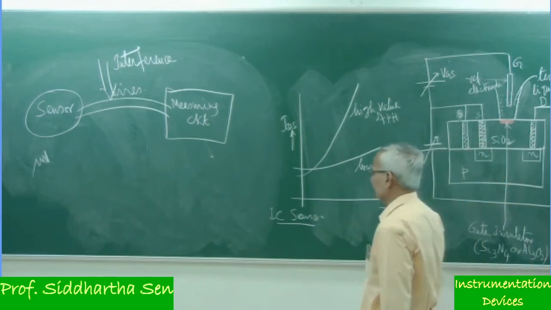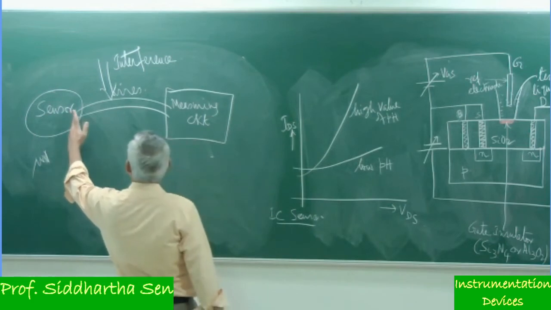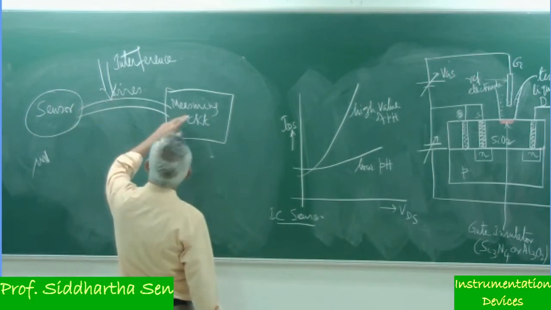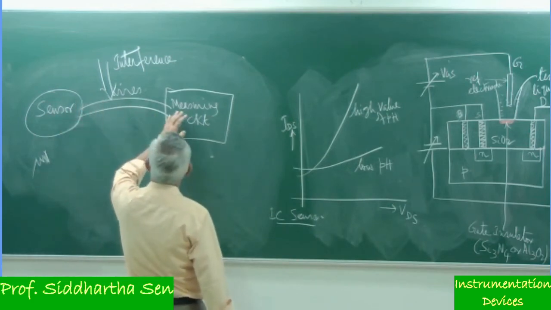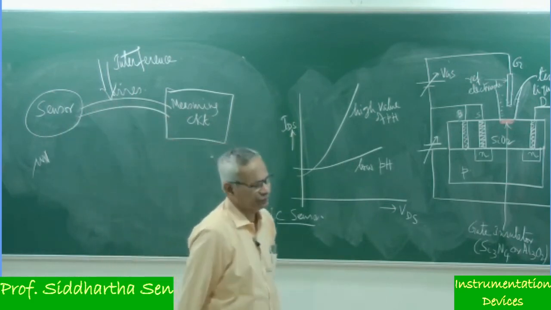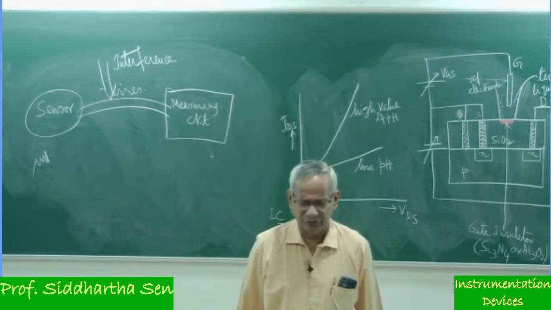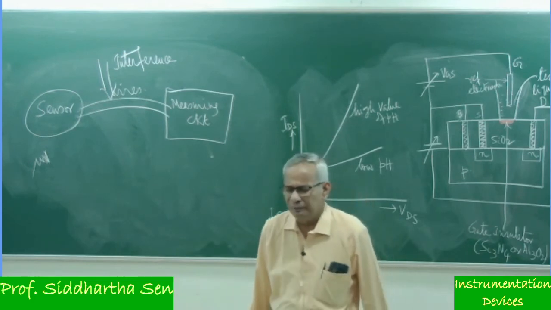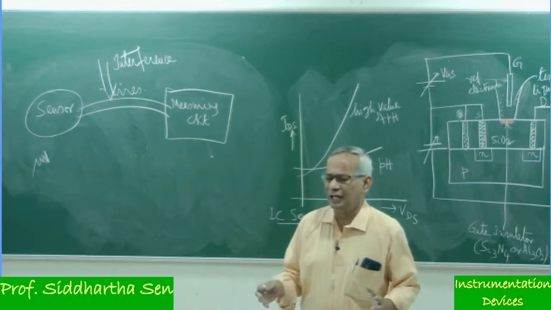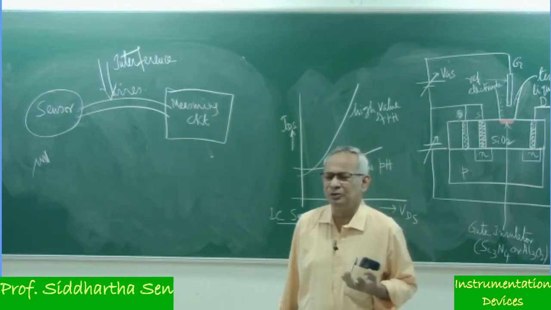The advantage is that the wires connecting the sensor and the measuring unit, which are very prone to interference, can be avoided. That's why people try to go for as integrated a sensor as possible.